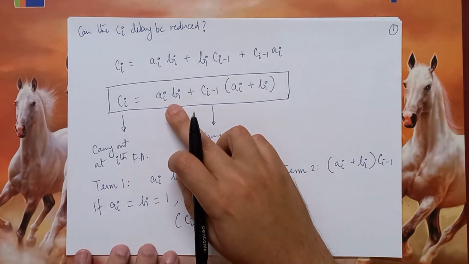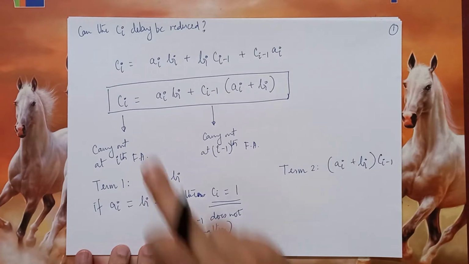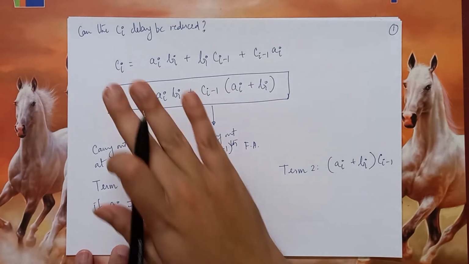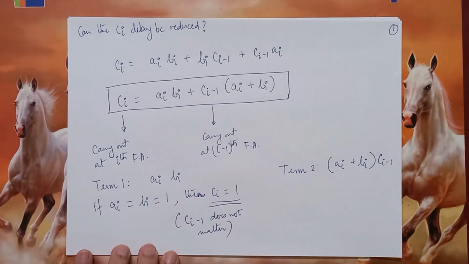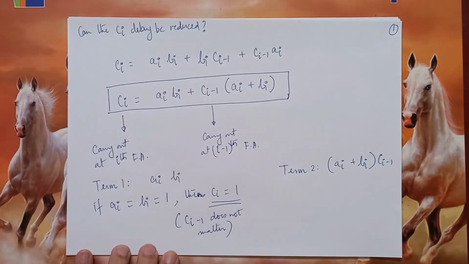We identified one case, when ai and bi are both 1, the inputs for the present stage full adder, and if they are both 1, it does not matter what the previous carry out is. I don't need to consider it because Ci will be 1. So with this I have reduced, no matter by how small a margin, the dependency of Ci on Ci minus 1.